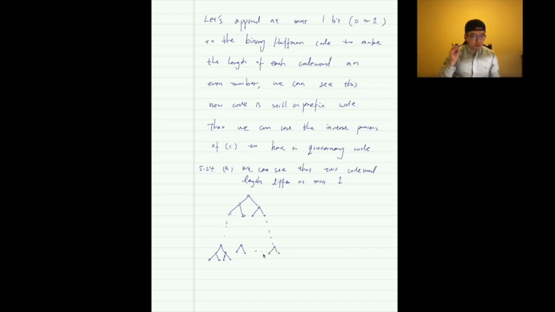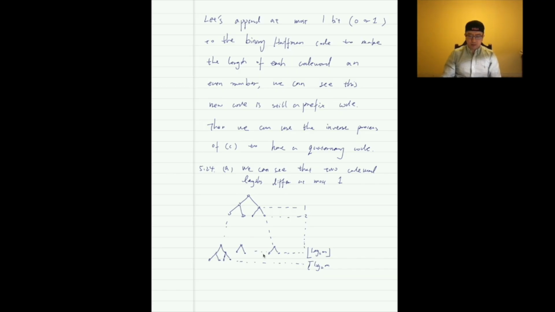The difference is at most 1. If this is layer 1, that's layer 2, then this would be our layer floor of log 2 m, and the last one would be floor of log 2 m plus 1, or we can write it as the ceiling of this.